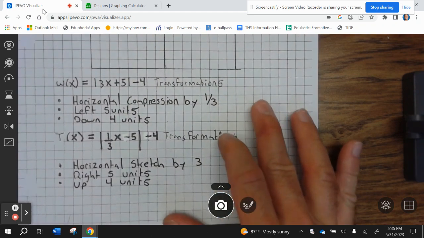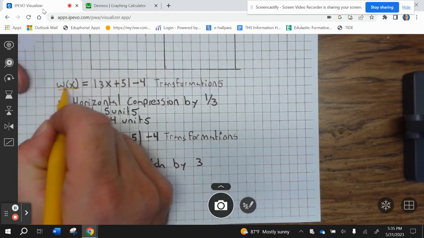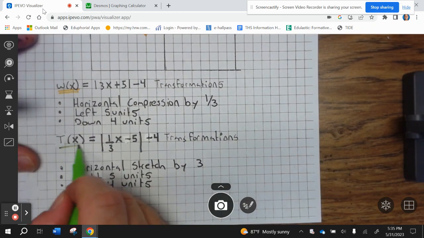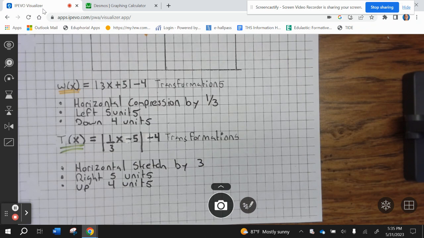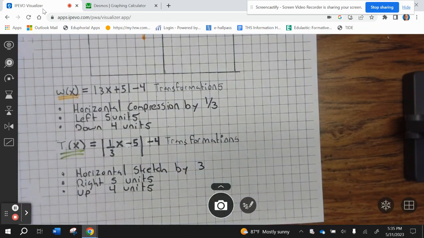All right, and let's take a look at, all right. Go ahead and finish up your transformations, and let's take a look at your assignment. Have a wonderful Wildcat day.